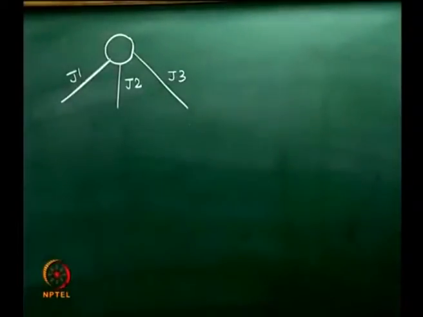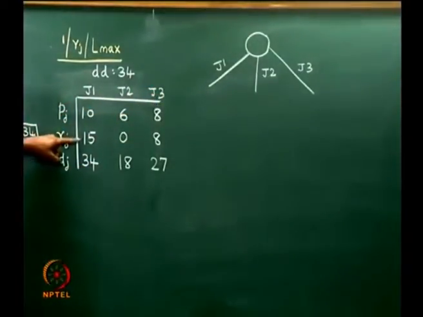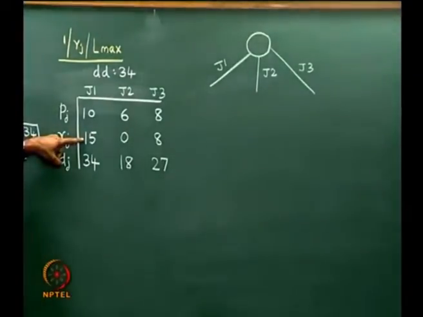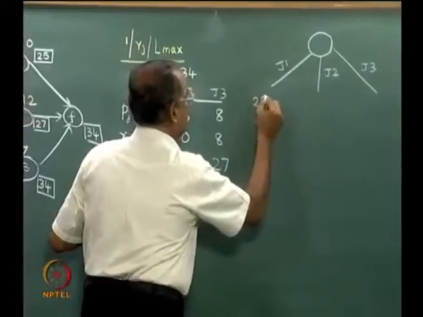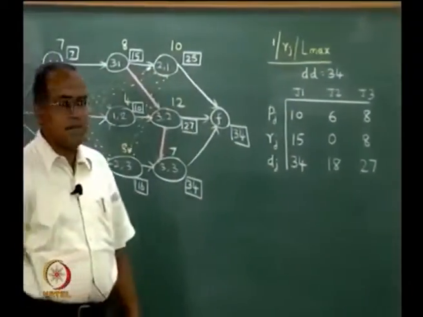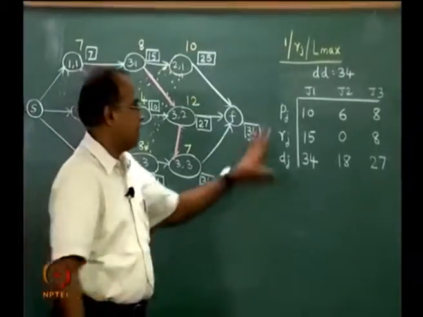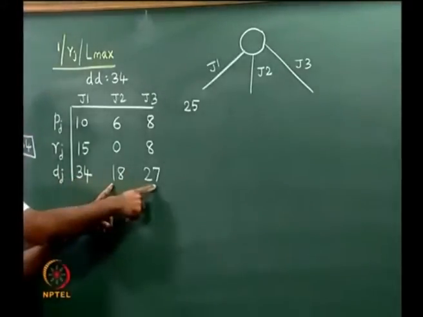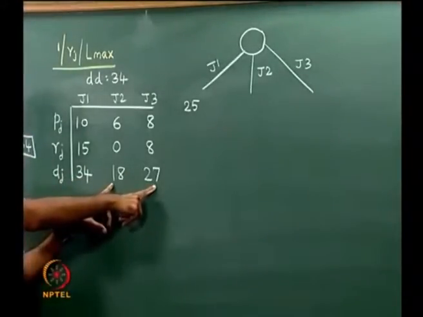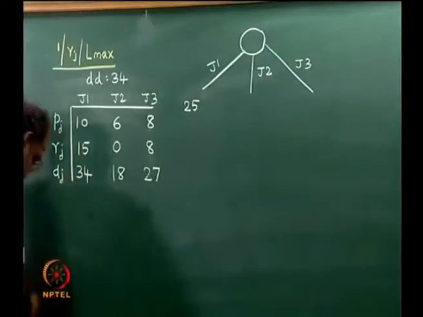So, when we do this, let us start writing the completion times. Now, when we put J1 as the first job, J1 is available only at time equal to 15. So, completion time is 25 for J1, and then by the preemptive EDD rule, based on the due dates, we have J2 and then J3. Now, J2 is available at time equal to 0.